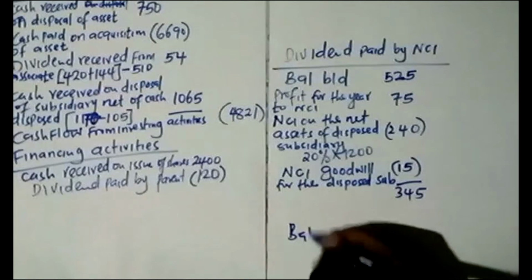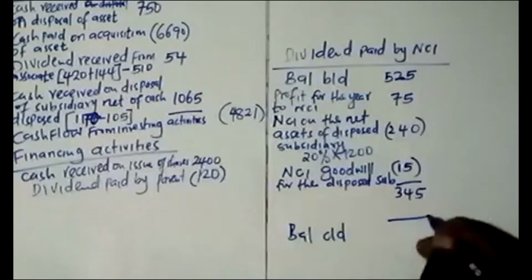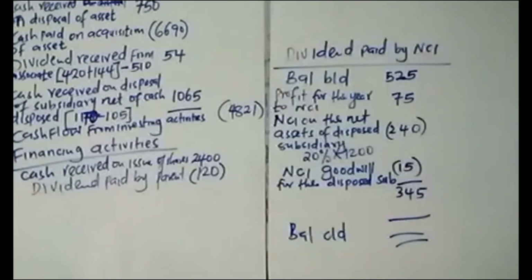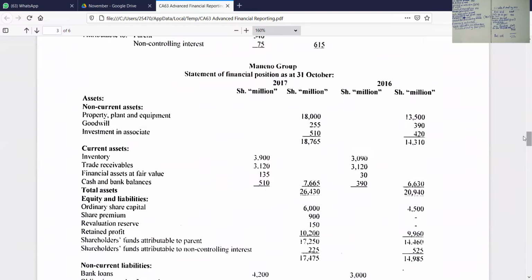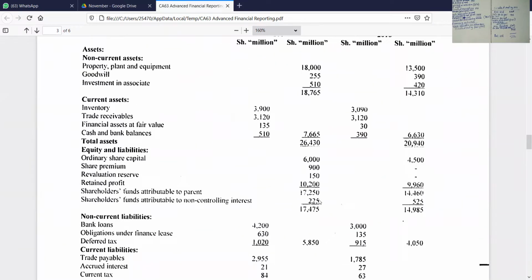Then balance carried down for the NCI, that is non-controlling interest, the profit attributable to this NCI under the balance sheet, is all about 225. So you record that.